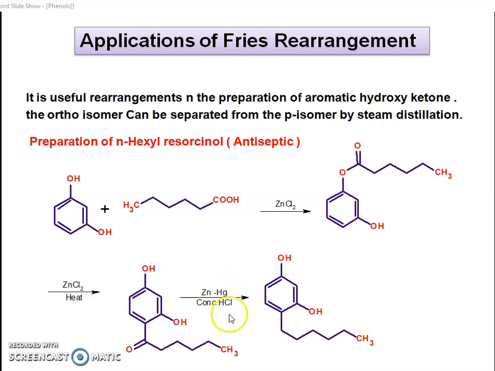It is the reduction, meaning the carbonyl group will be reduced to the corresponding alkane. The zinc amalgam in HCl acts as a good reducing agent for the carbonyl group, converting it to the alkane. So zinc amalgam in HCl is used to convert a carbonyl compound to an alkane.